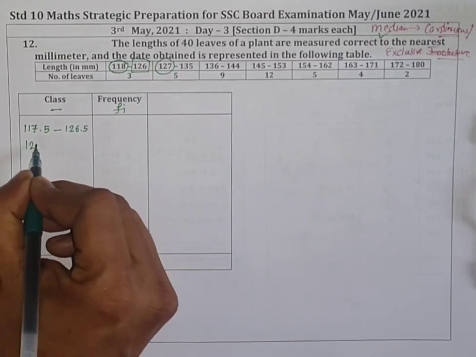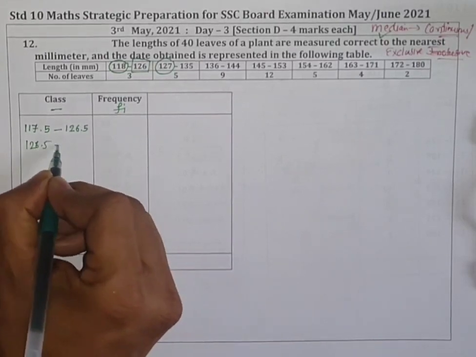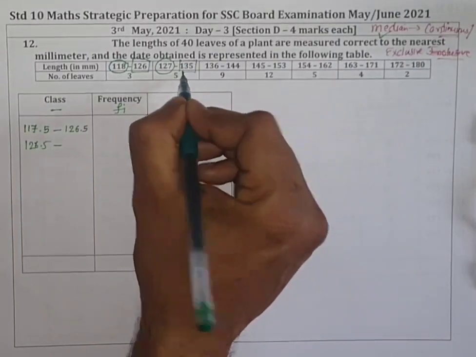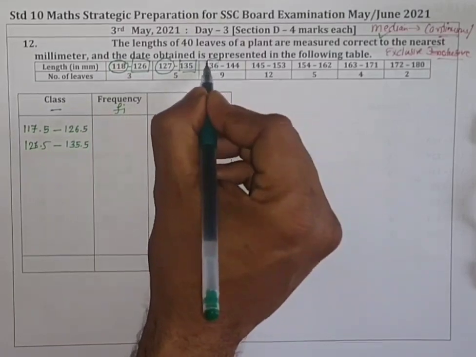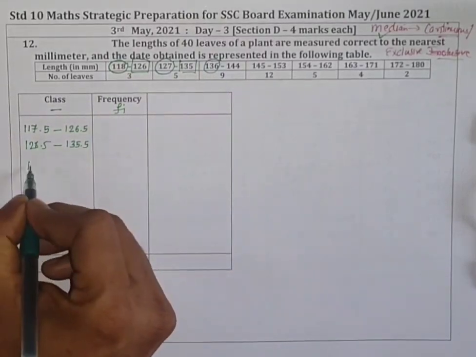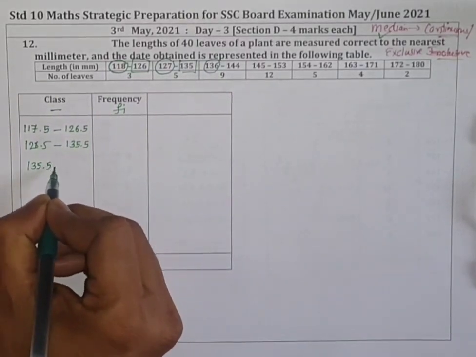So 126.5, or in upper boundary you add 5, so 135.5. Lower boundary you subtract 5, so 135.5.